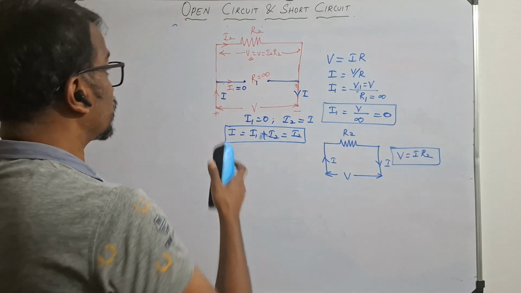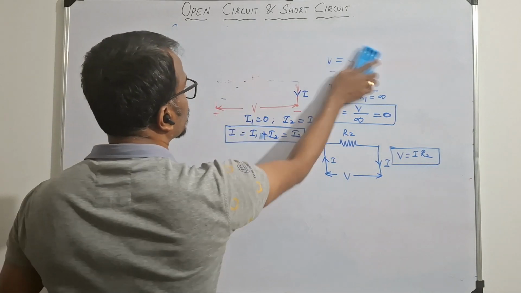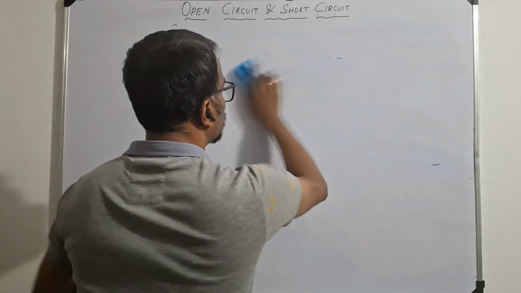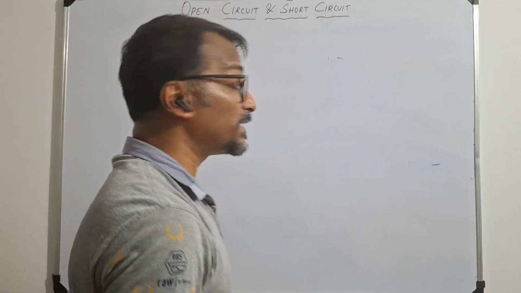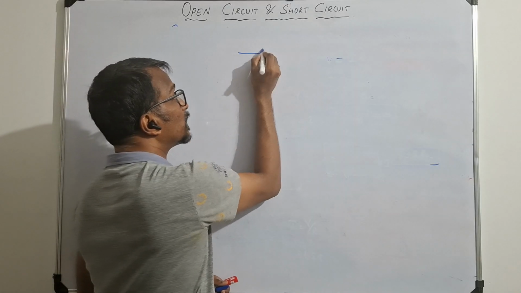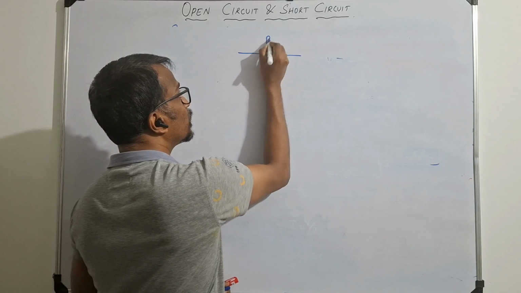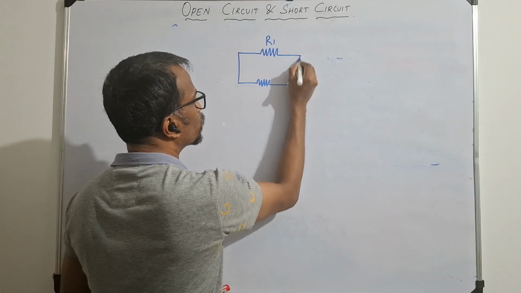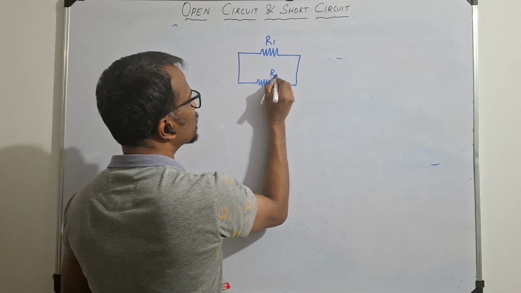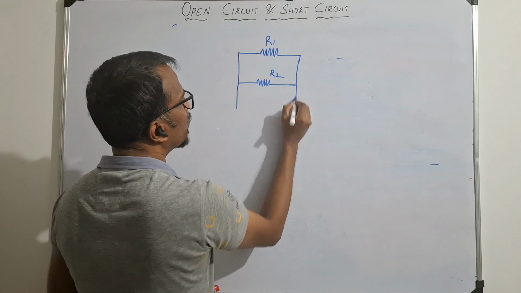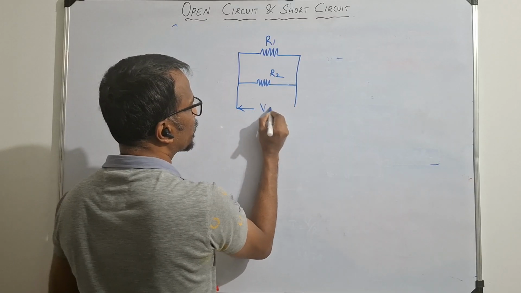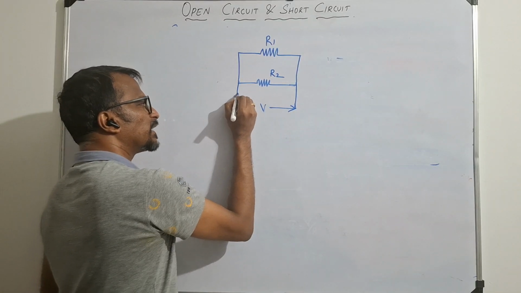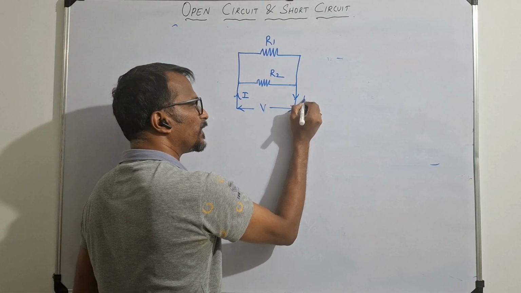Assume the same circuit. We have a resistance R1, and we have another resistance R2, and we have the supply voltage V. So current is entering here, current is leaving here.